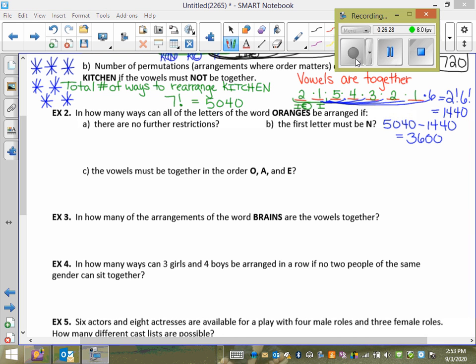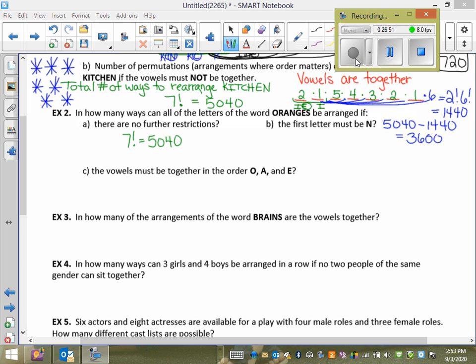This one. So we're looking at oranges. Oranges be arranged. So does oranges have any doubling or tripling letters? Nope. 7 letters that are different. So with no further restrictions, what would it be? 7 factorial, which is 5,040.